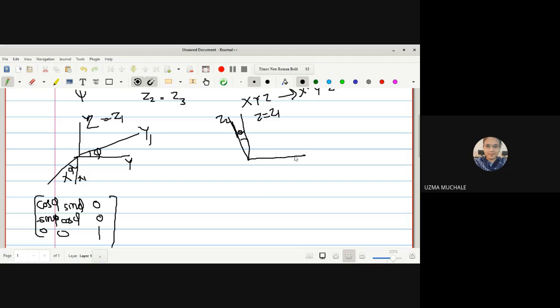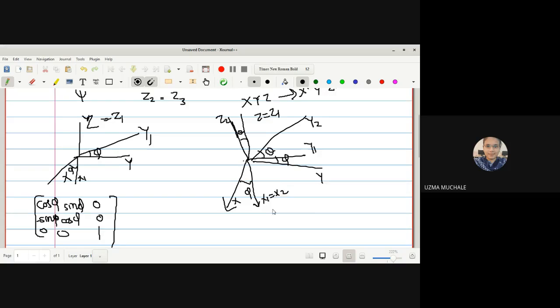And next, this is the y-axis, this is y1 and here is y2. This is through an angle theta, this is angle phi, and here this is the x-axis. Say this is x1 is equal to x2. This is the rotation through an angle phi, and in the next rotation x1 is equal to x2.